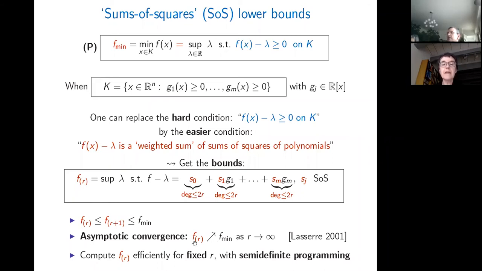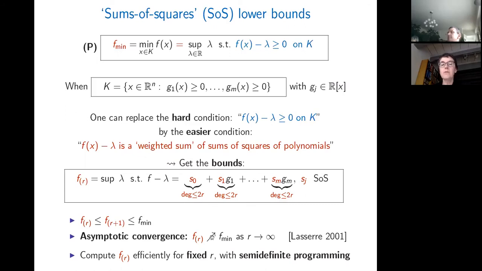But the second nice thing is that if you fix the degree r, then the parameter fr can be computed efficiently using semi-definite programming. So here the workhorse I am referring to is the fact that checking whether a polynomial is a sum of squares can be done with semi-definite programming. So all these unknowns S0 up to Sm, we can find them using semi-definite programming.